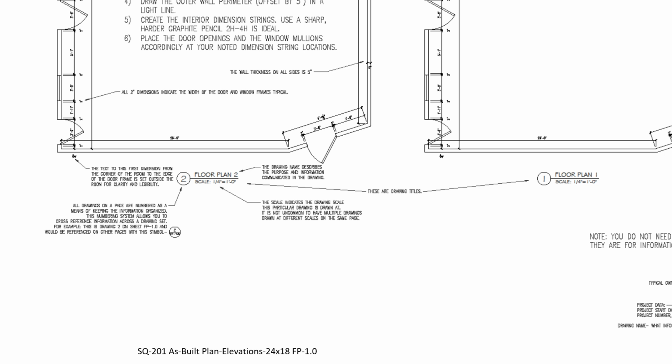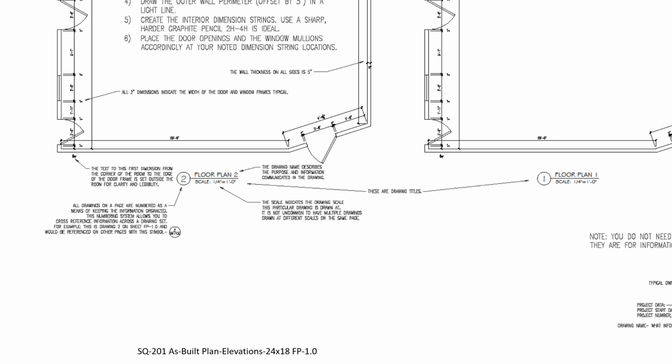So, to the left of this 2 that is in a circle, there is a leader with some text. It says the text to this first dimension string. So there's a little dimension string that goes from the southwest corner up to the first 2-inch dimension, which is the door frame. It says this first dimension from this corner of the room edge is set outside the room. So this little 3 3/4 inch text is not above the dimension string, it's living outside the room over here.